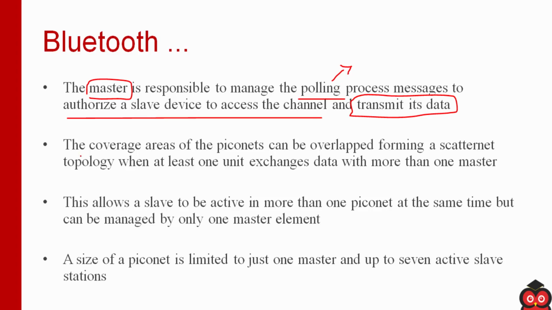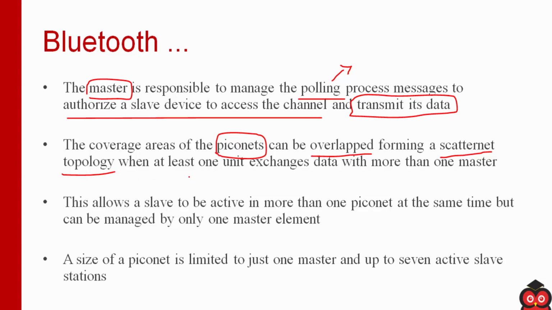And then in Bluetooth we have something called Piconets, which we will see in the next slide. If you have several Piconets and they are overlapping, it is called a Scatternet. Both Piconets and Scatternets are physical topologies in Bluetooth.